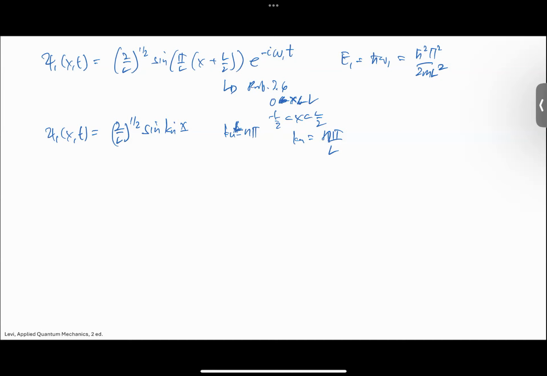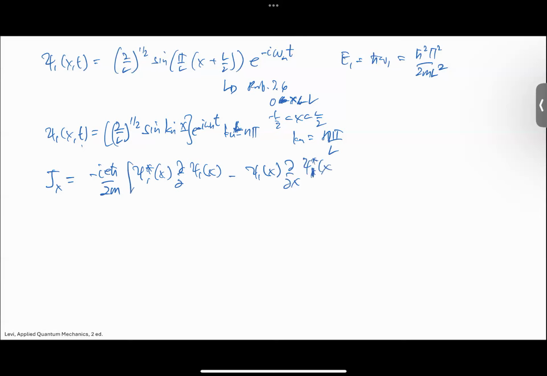Then of course we multiply this by exponential negative i omega_n t to include the time, and we plug that into our expression. So psi star of x partial with respect to x of the ground state, psi_1 of x, minus psi_1 of x partial with respect to x of psi_1 star of x.